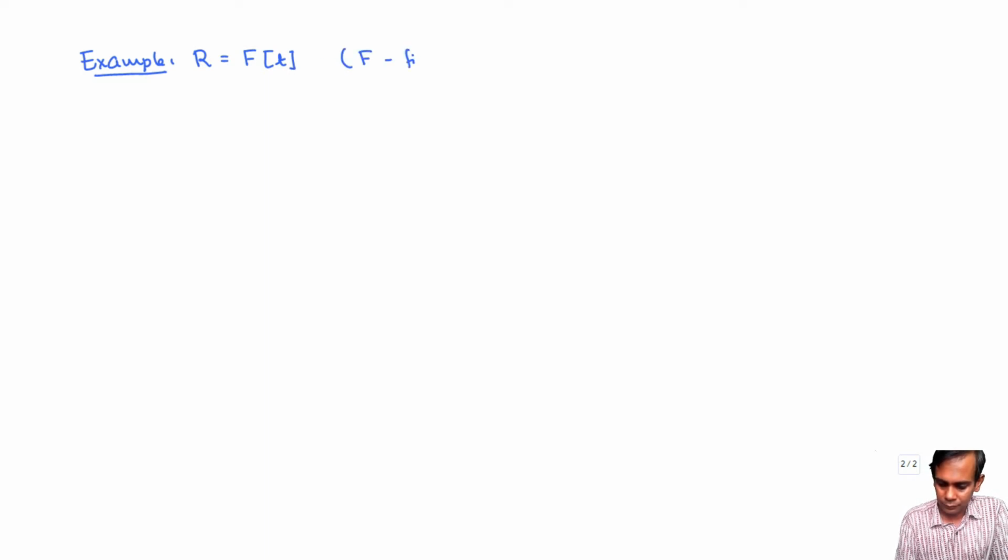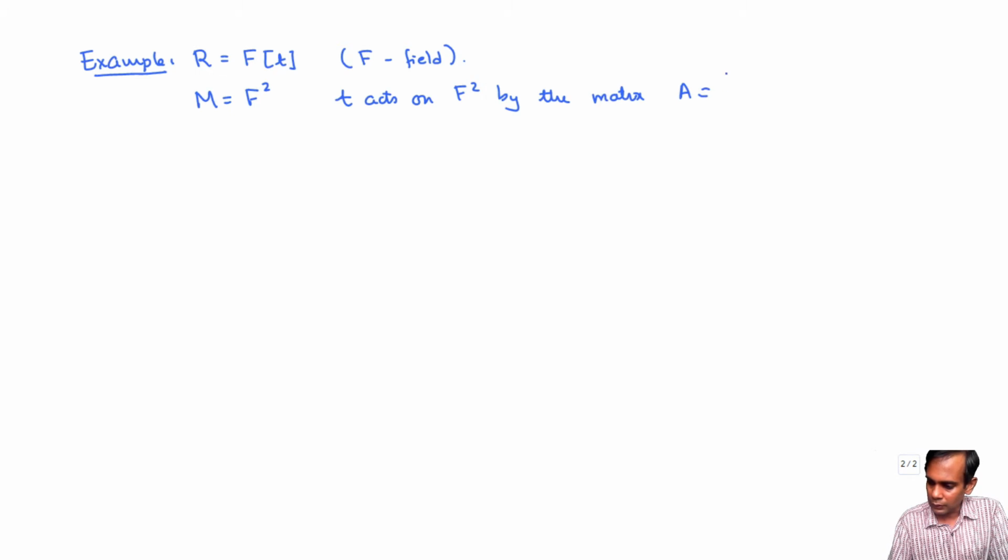Let's take the next example where we take R to be the ring of polynomials in some field F. And let's take M to be, as an additive abelian group, F squared, and let's define the action of T as the matrix A equals 0, 1, 0, 0.